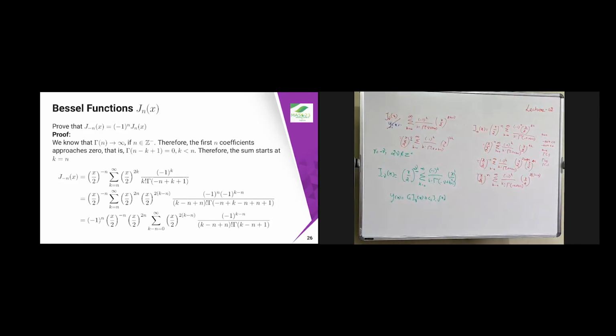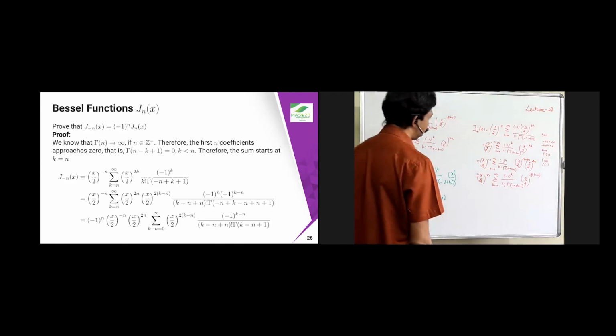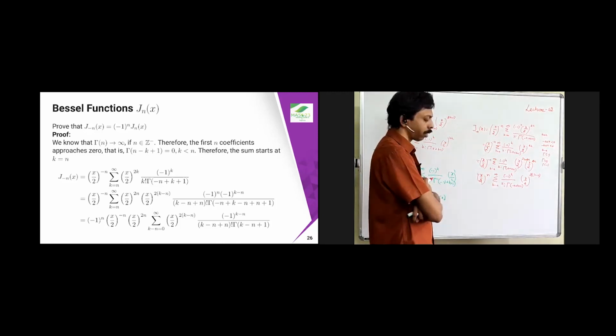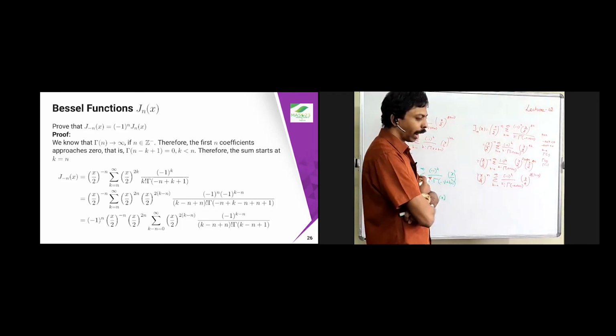Now since k is starting from n, I can start from k minus n equal to 0. So once again I can do the simplification of all these things.